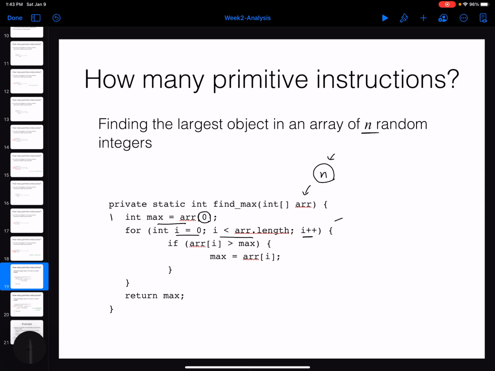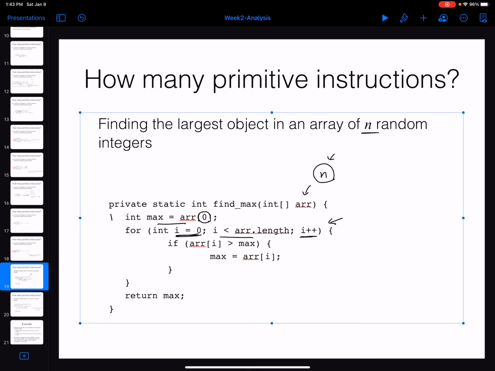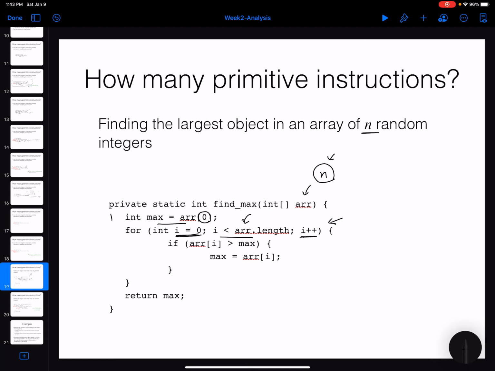So can you tell me how many iterations I have in this loop? You can see that I have started from 0. I am increasing the iterator by 1 each time until it reaches the size of the array, which is n. This array length is going to be n. So the number of iterations clearly here is going to be n.